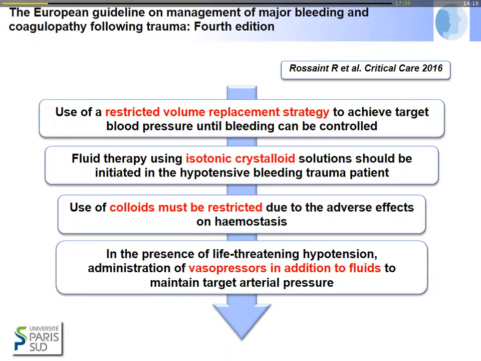What is recommended is to use isotonic crystalloid first and to restrict colloid. And very quickly, if we have no response in terms of arterial pressure, we add vasopressor to the fluid resuscitation to maintain arterial pressure within the target.